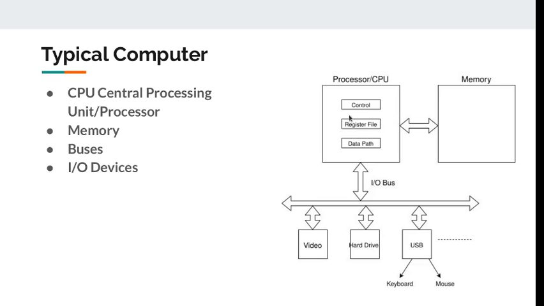We have a register file, that's basically a set of memory that's really close to the CPU that the CPU can access without going to any type of memory. And we have a data path and how the data can be accessed by the CPU. And at the same level, we have the memory that can be directly accessed by the CPU, right?